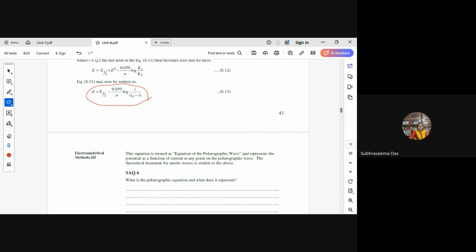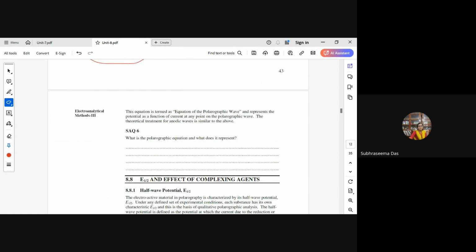The treatment of anodic waves remains the same. The equation 8.13 is the standard polarographic wave equation.